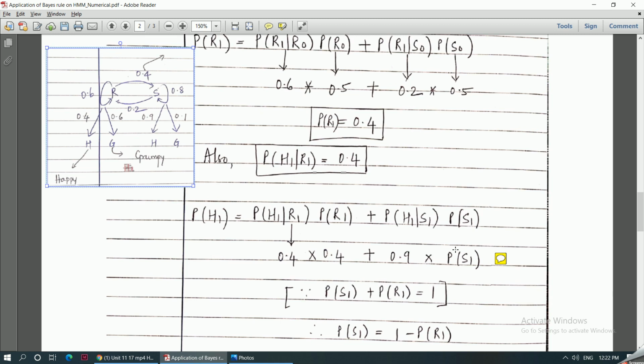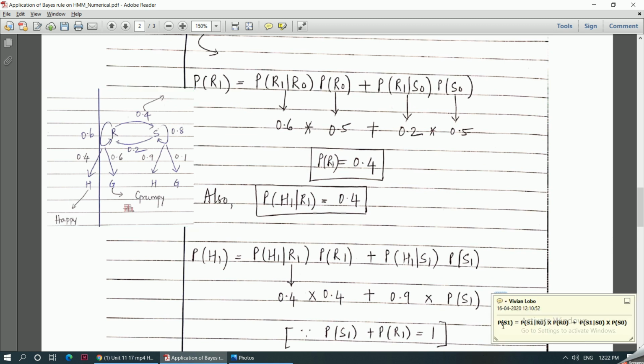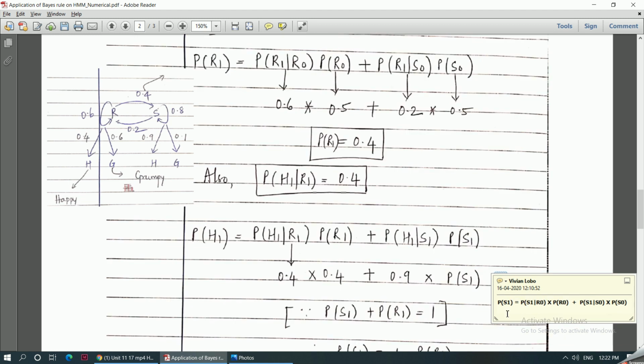Our second method of finding probability of your S1 goes in a similar manner to that of your probability of R1. So you can also find it by this particular pattern. Probability of your S1 is nothing but probability of S1 given that it rained on day 0 into probability of R0, as written over here, plus probability of your S1 given that it was sunny on day 0 into probability of S0.